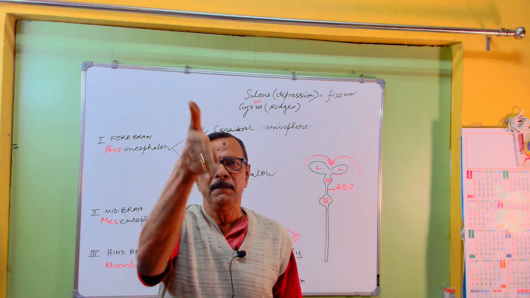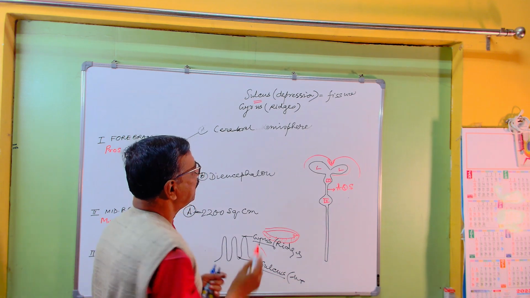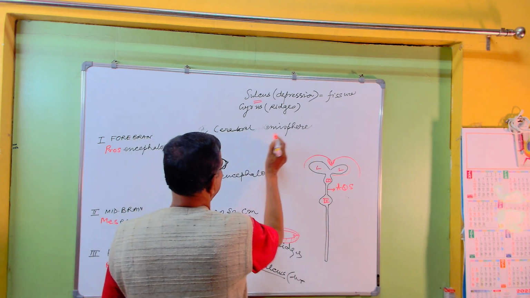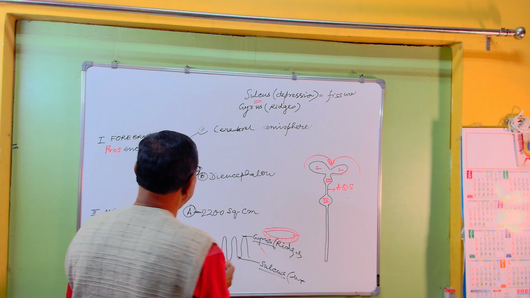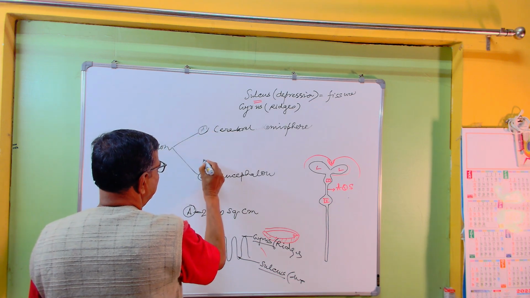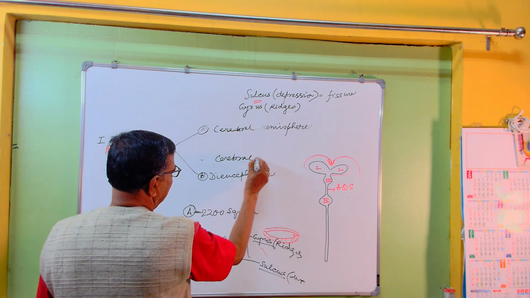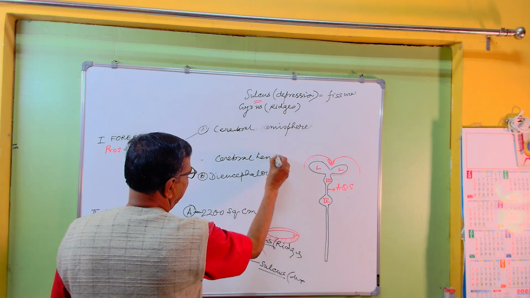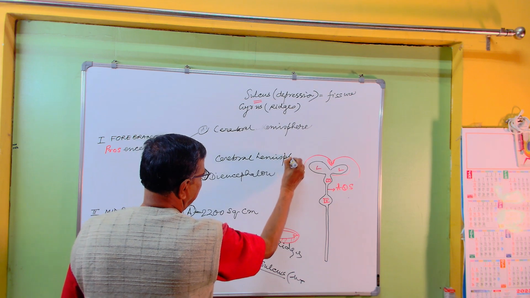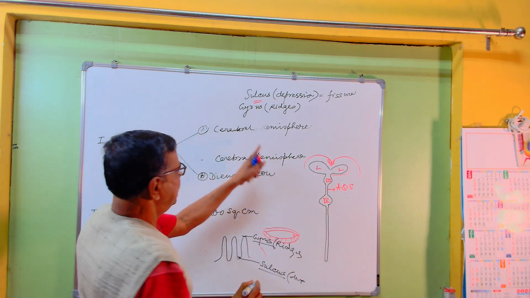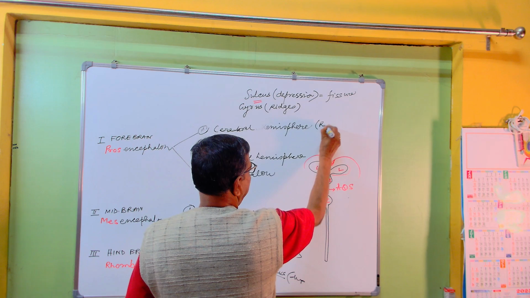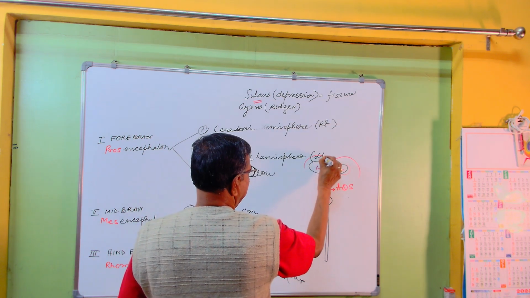So it is known as the median fissure, with one cerebral hemisphere on each side. This one is right, this one is left.